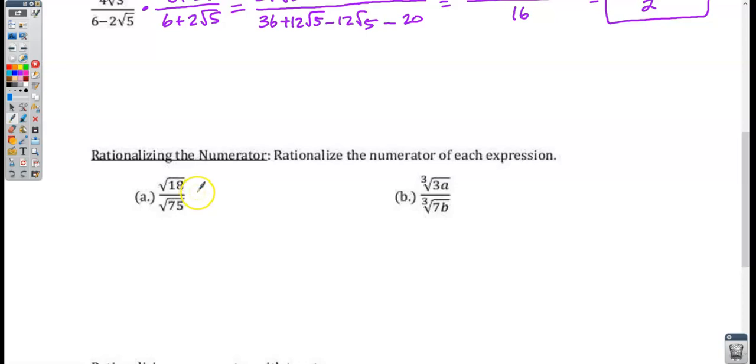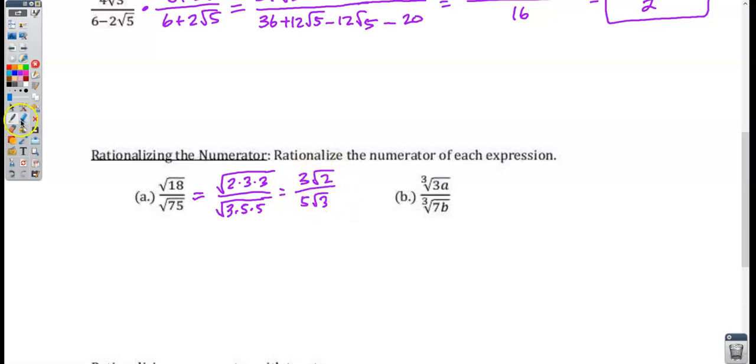So the first thing I'm going to do is simplify these as much as I can. If I think about prime factorizations of these, 18 is 2 times 3 times 3, and 75 is 3 times 5 times 5. So I can go ahead and simplify this first. That's 3 root 2 over 5 root 3.